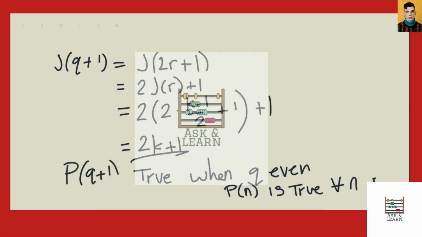Okay, so that concludes the proof. And do note that I didn't write down everything, right? So I didn't write that this must be a positive integer, but those are important details.